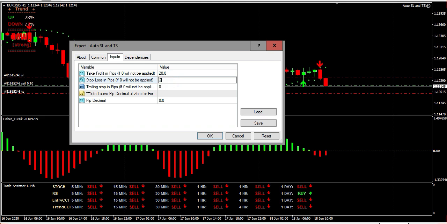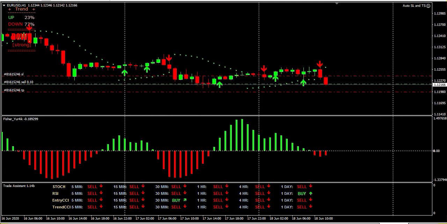Now you can vary it according to what you like. If you want, you can put in the trailing stop as well. For example, you want to start the trailing stop at 10 pips, and every time it goes in your favor by 2 pips, after every 2 pips it will move. So then you say okay, and there it is.